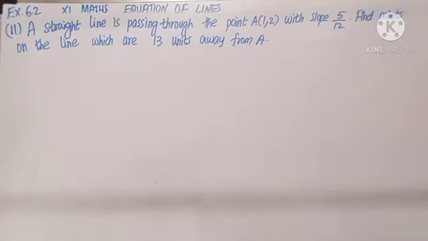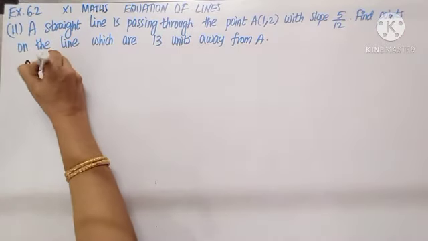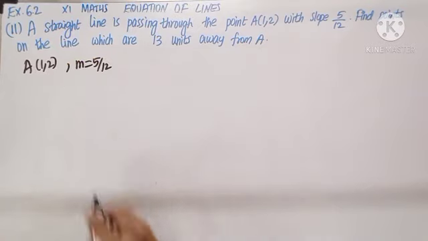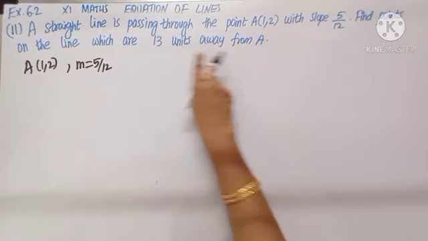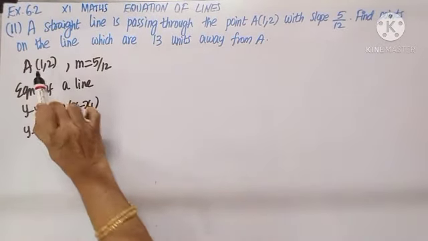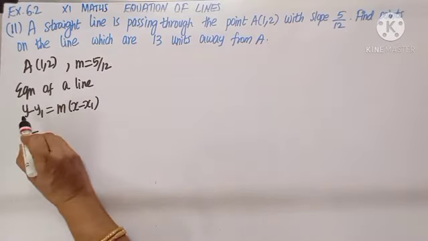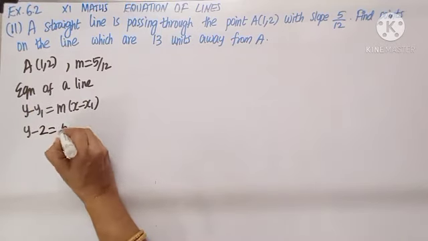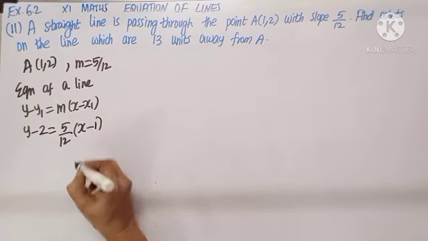Question number 11. A straight line is passing through the point A, that is (1, 2), with slope 5 by 12. On the line, we need to find a point which is 13 units away. When I know one point and the slope, what is the equation of the line? y minus y1, that is 2, equals m, which is 5 by 12, into x minus x1, which is 1.